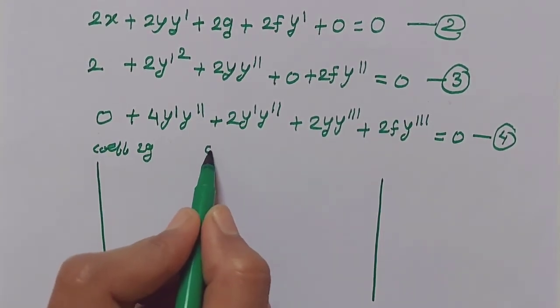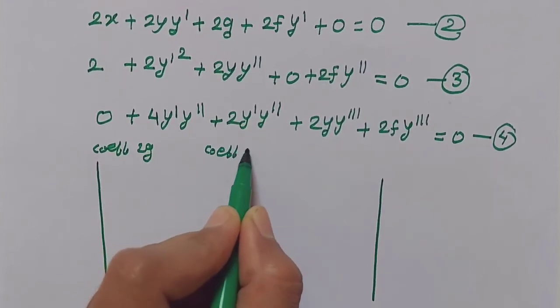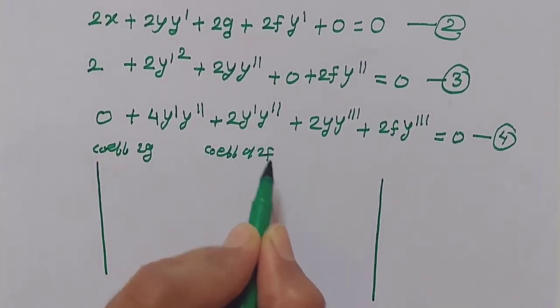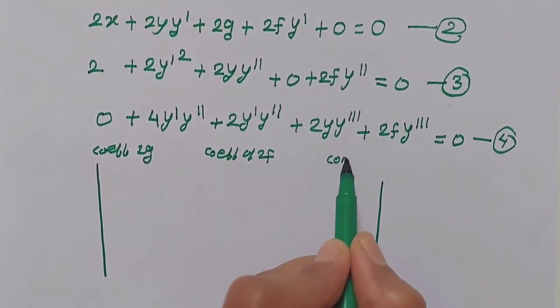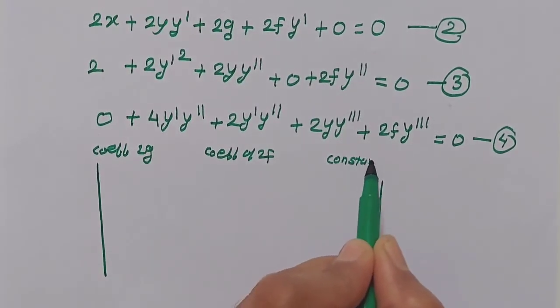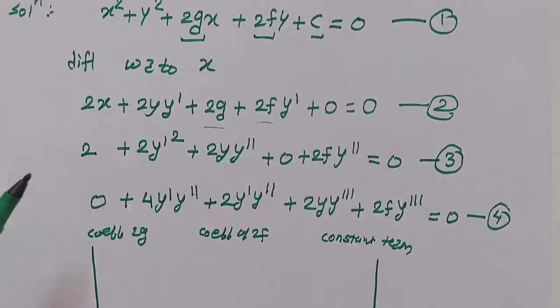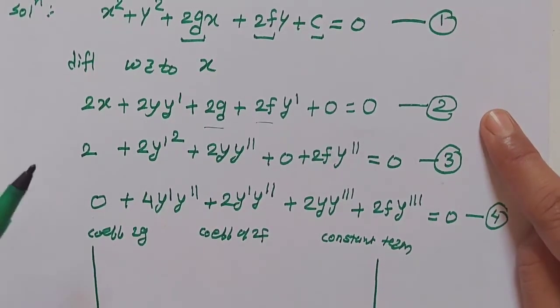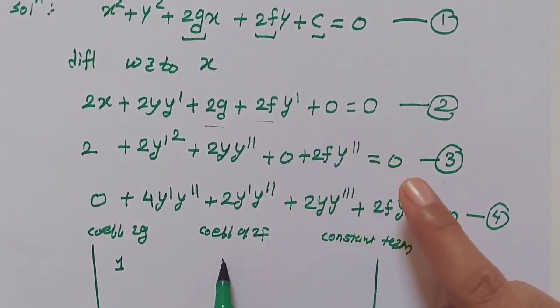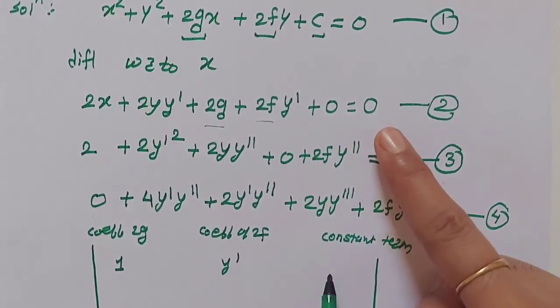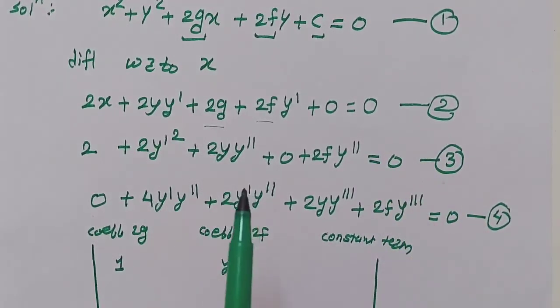In the second column we take the coefficient of 2f, and next is the constant term. Now see here, from equation number 2, the coefficient of 2g is 1, the coefficient of 2f is y', and the constant term is the term without f and g.